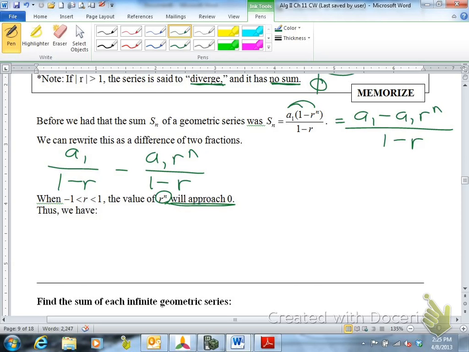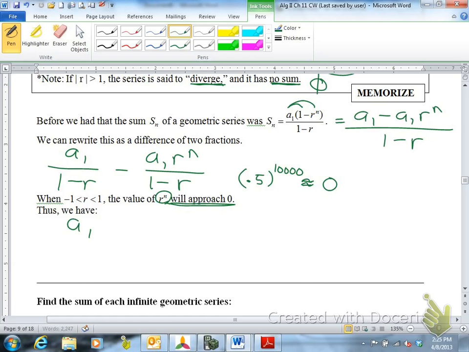If you had 0.5 to a very big number, then that is approximately 0. For all intents and purposes, we'll say it's 0. It's incredibly small. So if r is between -1 and 1 and n is a very large number, then this quantity would be 0.